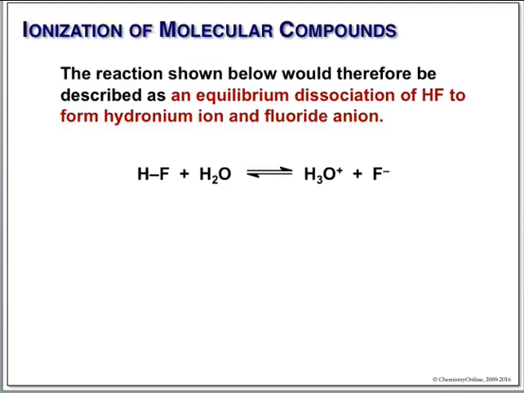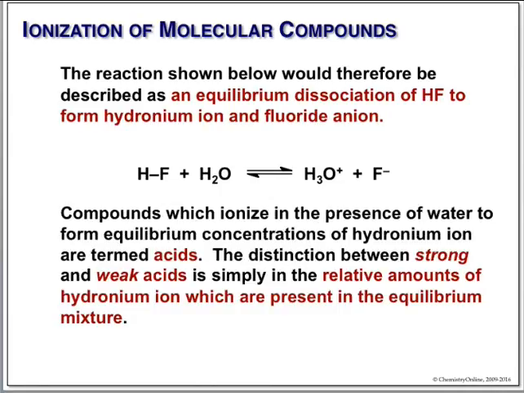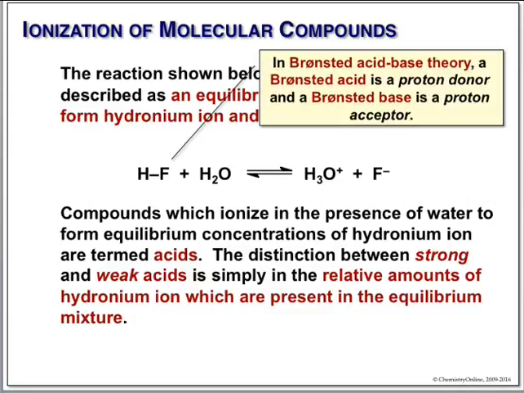Think about what we've done here. This is a covalent bond, and we've broken it. And we've produced hydronium and an anion. This defines an acid. According to the Bronsted definition, Bronsted is an ancient organic chemist actually, but did very good acid-base work.